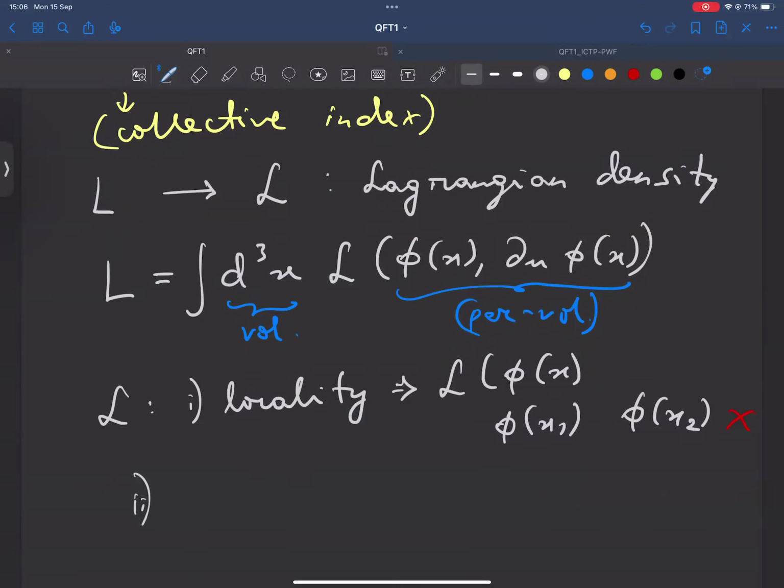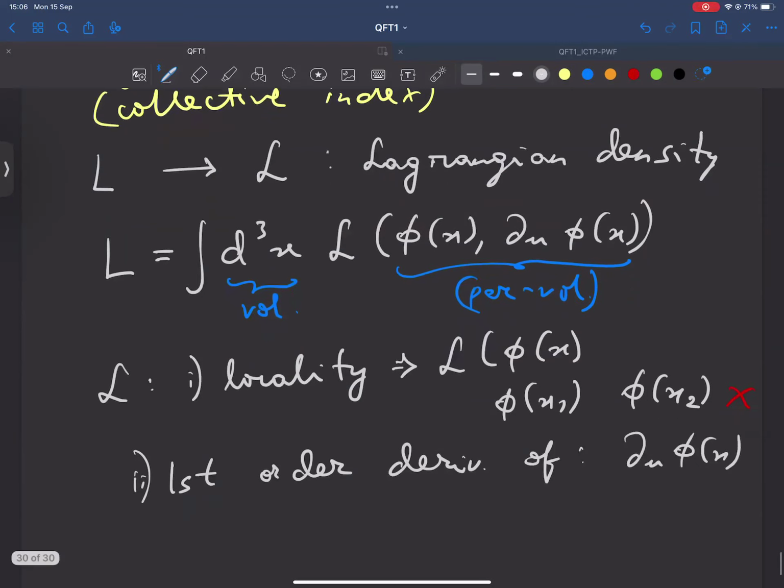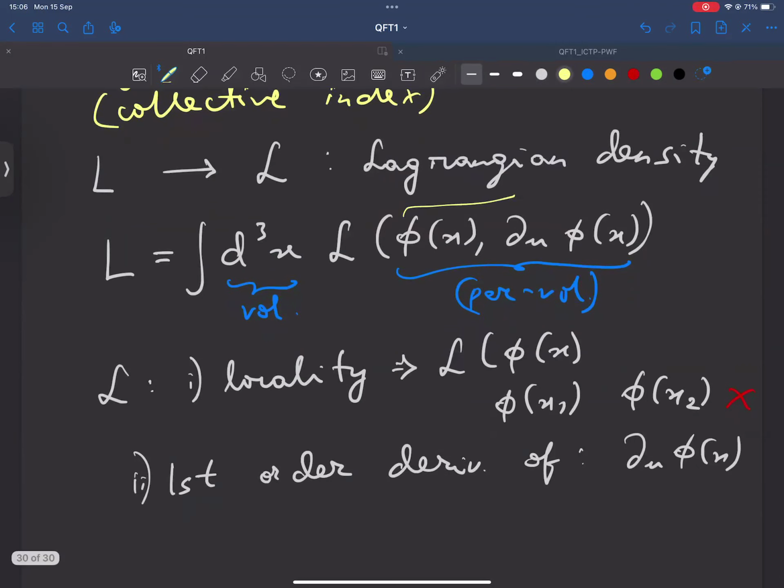The second thing, more for simplicity, is that we'll only look at Lagrangians involving only first order derivatives of phi. Okay. So it can be a function of del mu of phi x. So that's why I wrote this phi and the first derivative of phi. Almost all the Lagrangians that you will see in this beginning part of the lecture and also later when you do QED and all that will only involve first derivatives of phi.